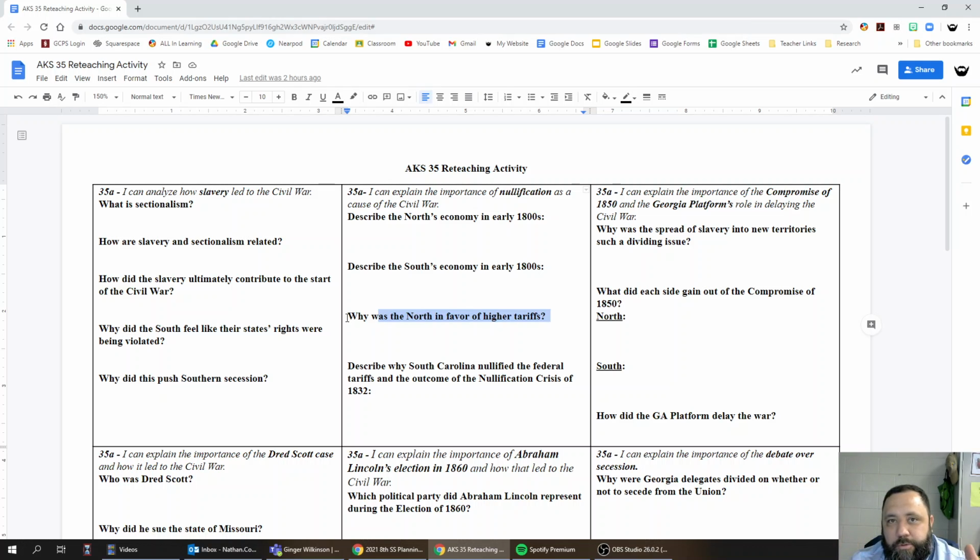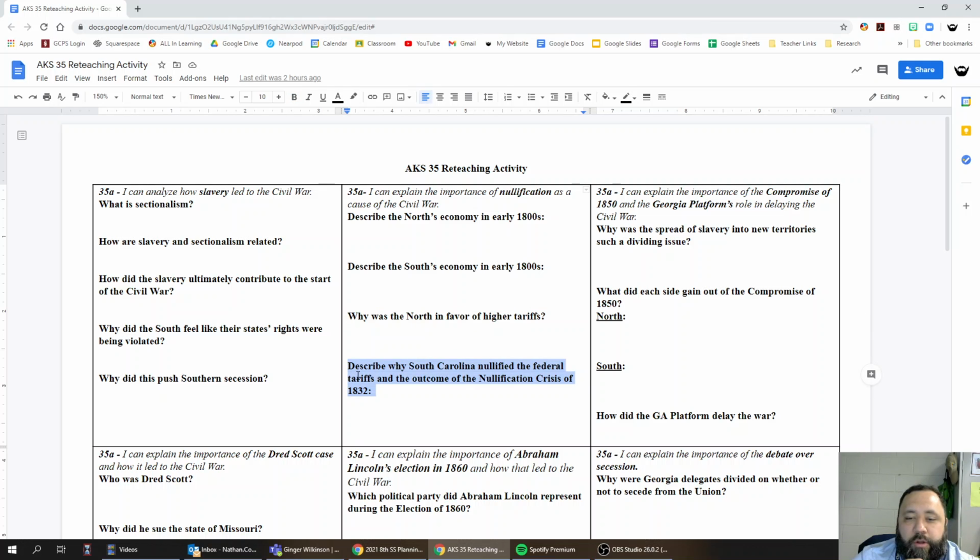But tariffs make that French plow go from costing $10 to costing $20 or $25, and therefore that $20 American-made plow all of a sudden becomes the better option for you. So the North was in favor of higher tariffs because it helped their manufacturing economy.